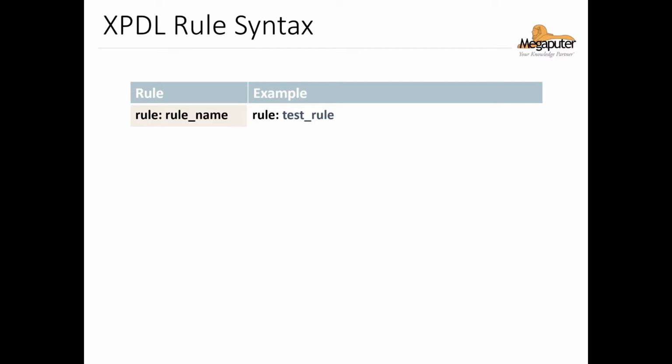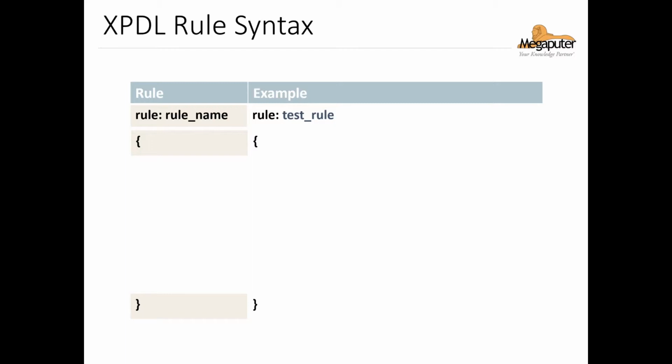And to do so, you just type rule colon and you provide the name for that rule. So for example, we can just call this test underscore rule. The next thing you want to do is open a set of curly braces. This is going to contain all of the contents of that rule. And these braces are just a wrapper.